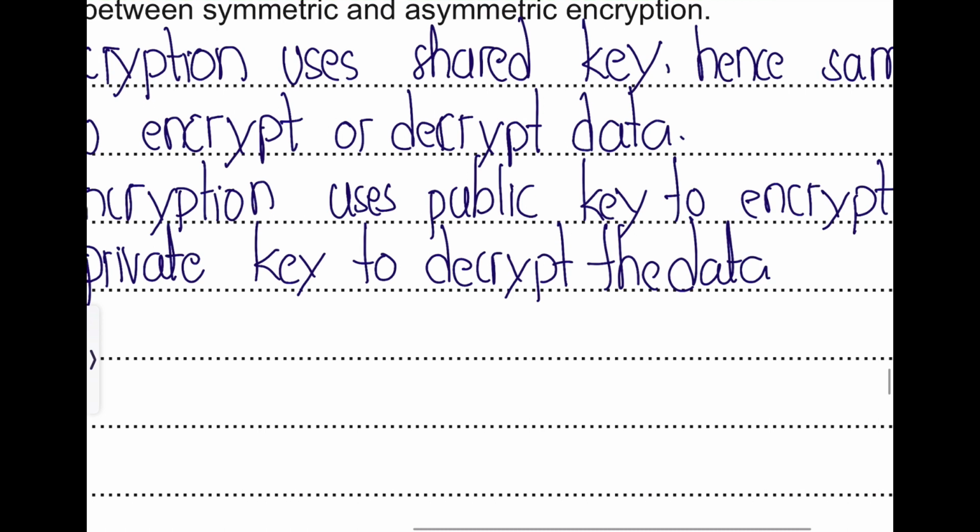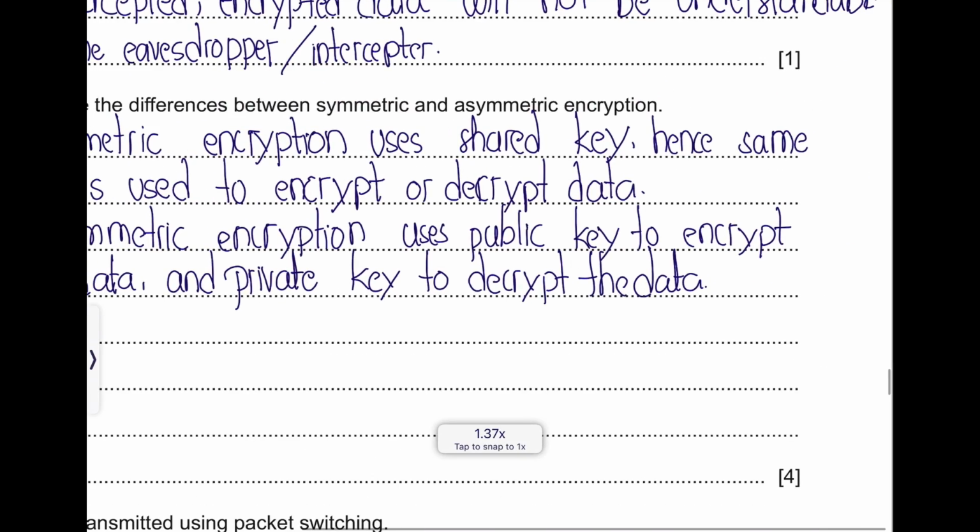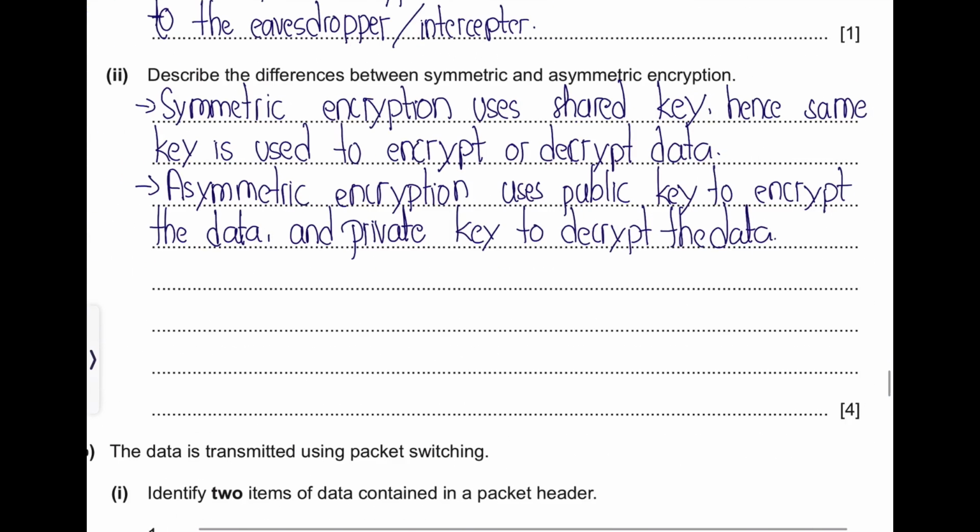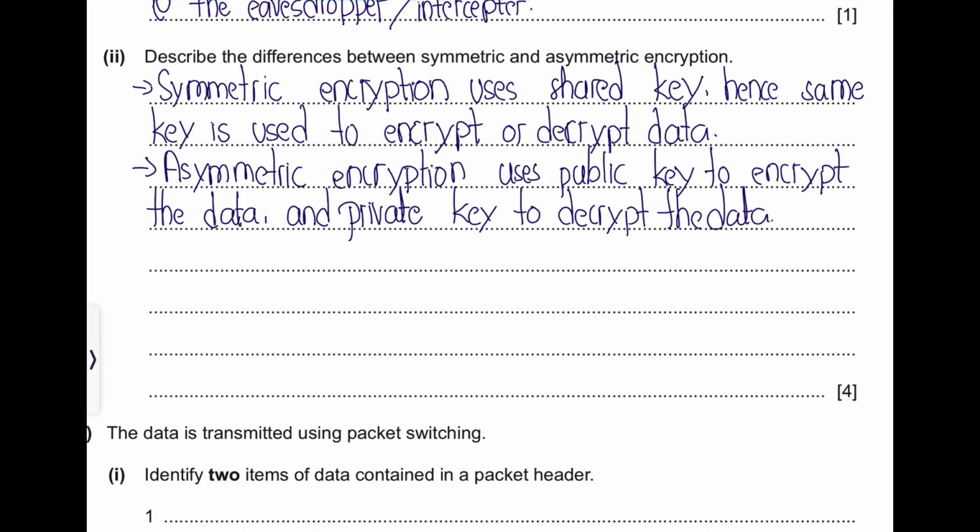So basically in symmetric encryption, the same key is used to encrypt and decrypt the data, hence it's not very secure because it can easily be identified. Whereas in asymmetric encryption, there are two keys, a public and a private key.